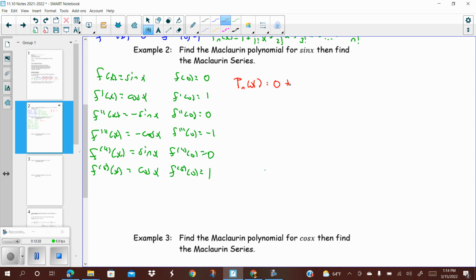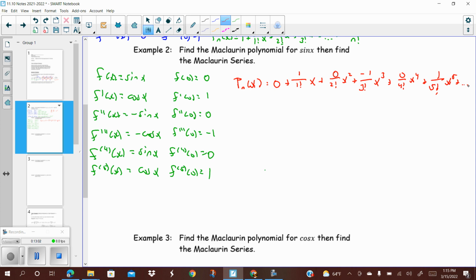The next one will be the first derivative, which is 1, over 1 factorial x to the first power, plus the second derivative, which is 0 over 2 factorial x squared, plus the third derivative, which is negative 1 over 3 factorial x cubed, plus fourth derivative, which is 0 over 4 factorial x to the fourth, fifth derivative, 1 over 5 factorial x to the fifth, and so on.